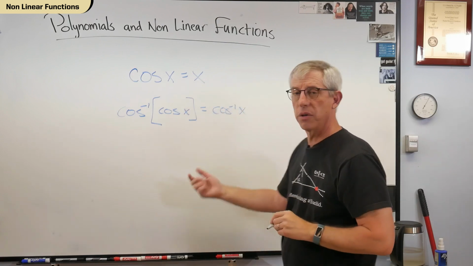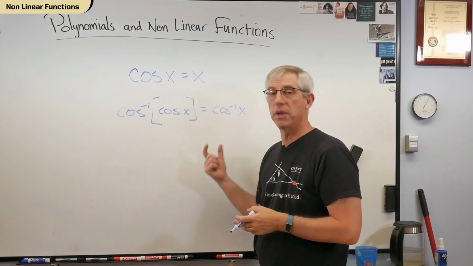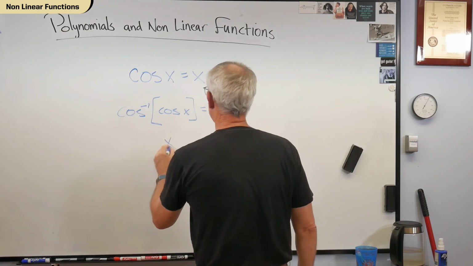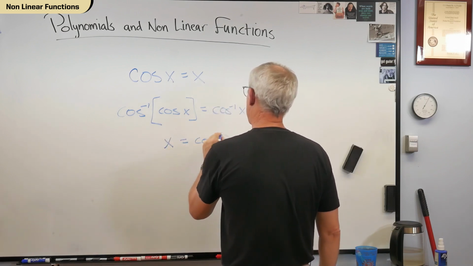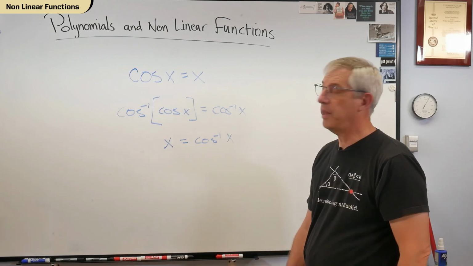Okay, I've taken the inverse cosine of both sides. Now, the equation is still an equation if you do the same thing to both sides. I did the same thing to both sides. So this comes out to that. All right, well, true without being helpful.